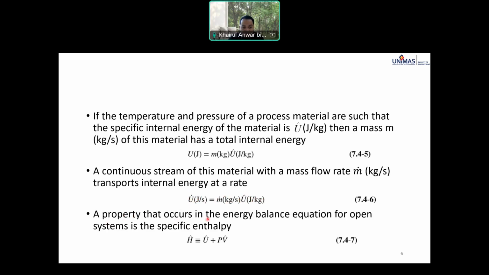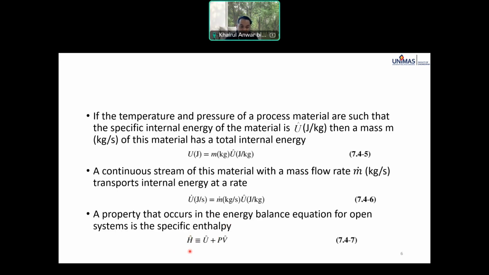The property that occurs in the energy balance equation for an open system is the specific enthalpy. Ĥ, with the hat on top, refers to specific enthalpy.